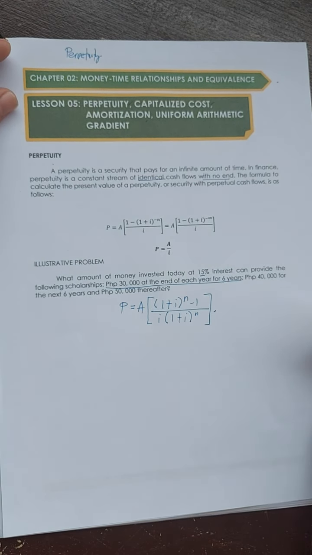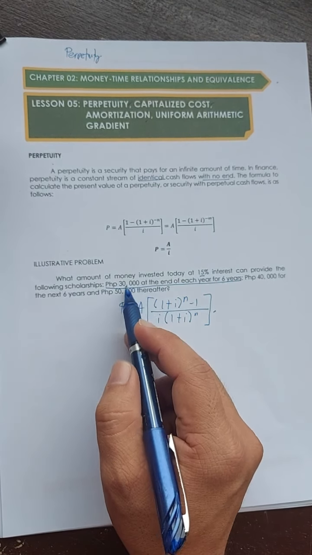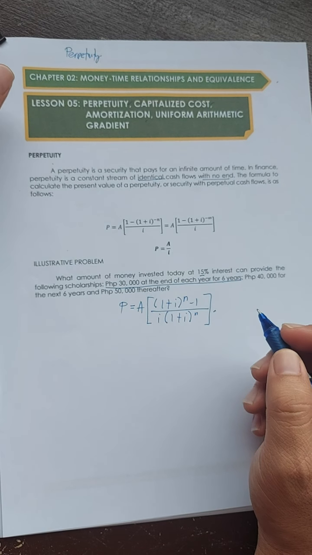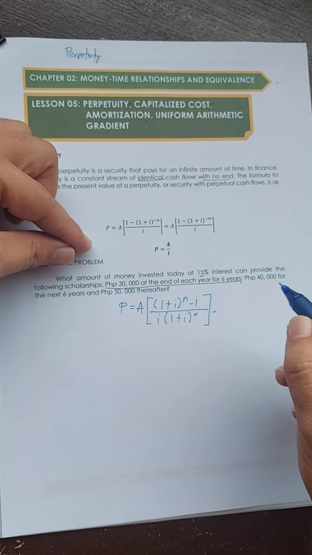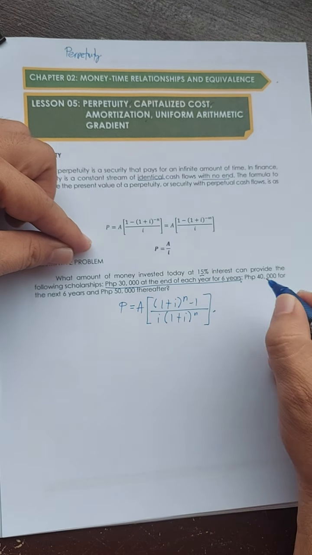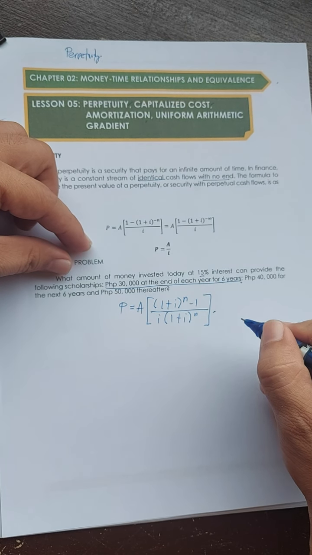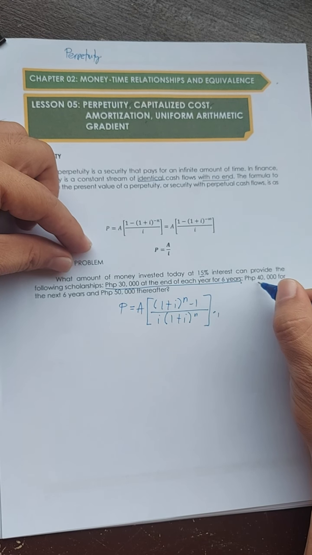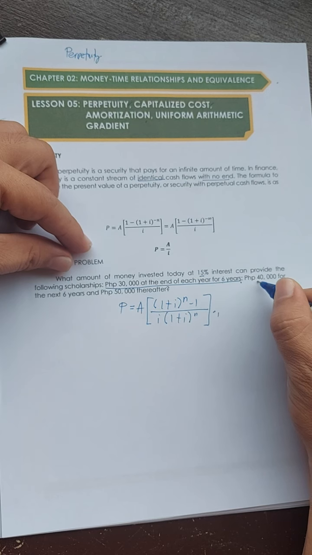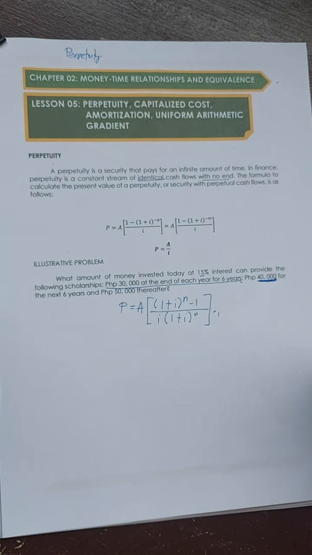Since immediately after you invest, you will be receiving this amount at the end of each year for 6 years. Next, after 6 years, another 6 years, you will receive 40,000 at the end of each year. So I'm going to use our formula to solve the present worth of these 40,000 annual receivables from the scholarship from the initial investment.